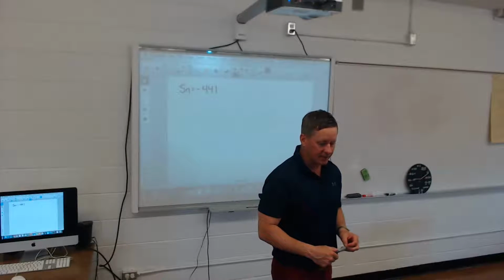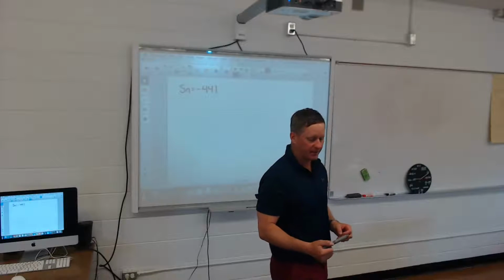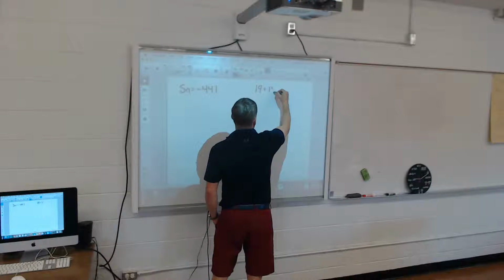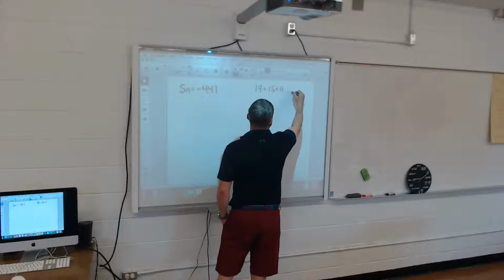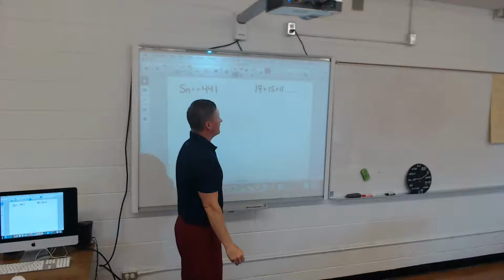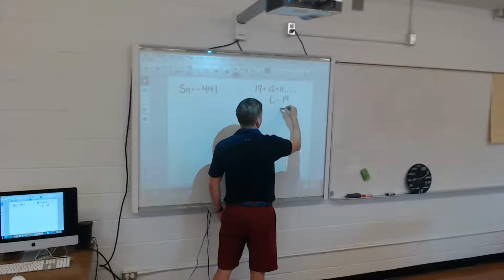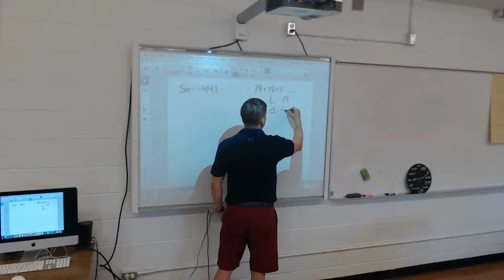I have a series of 19 plus 15 plus 11. What I am seeing is that I have a common difference here. So my t sub 1 is 19. My common difference is negative 4.